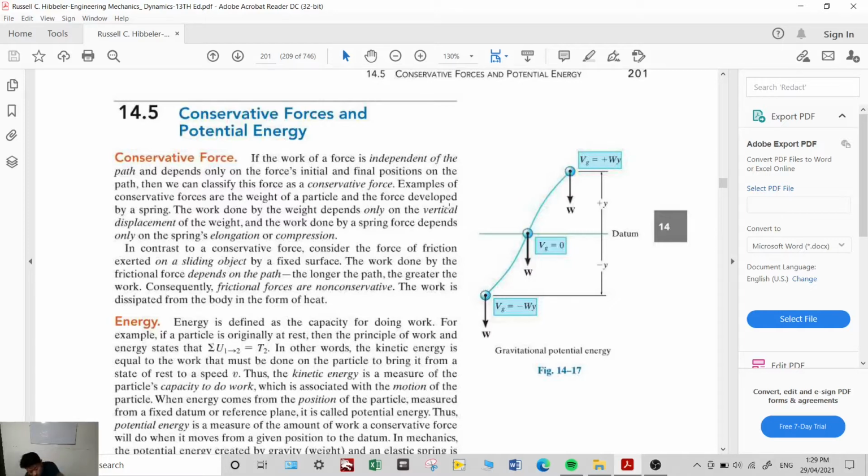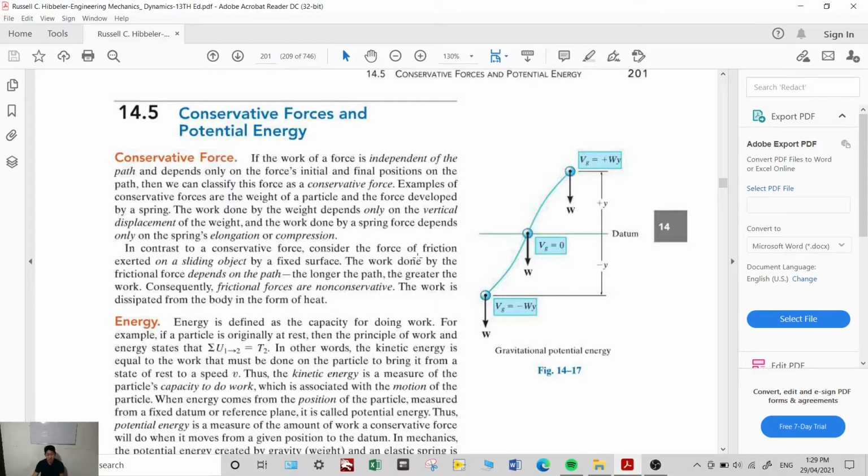So the work done by a conservative force is not dependent on the path, meaning it does not depend on where it passes, but rather only on the initial and final position.